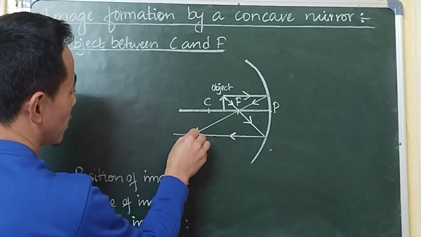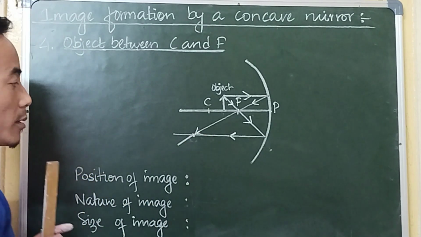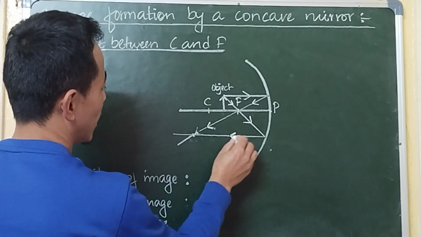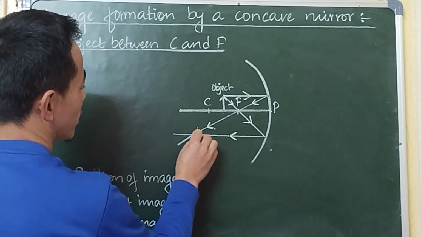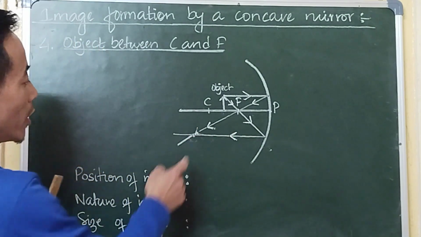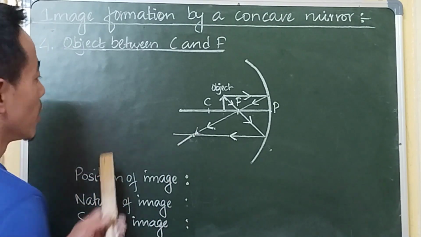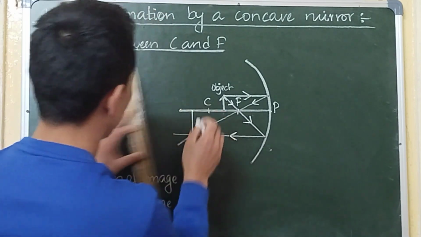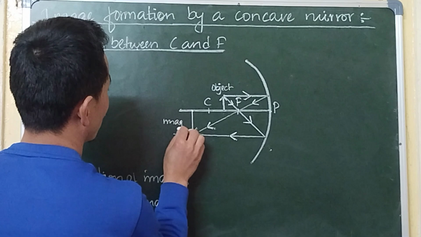So you can see that the 2 reflected rays are intersecting at this particular point. This is the first reflected ray going in this direction, and this is the second reflected ray coming in this direction. So the 2 reflected rays intersect here. Wherever the reflected rays intersect, there we will get the image. So next you simply draw a perpendicular on the principal axis, and this will become the image of the given object.